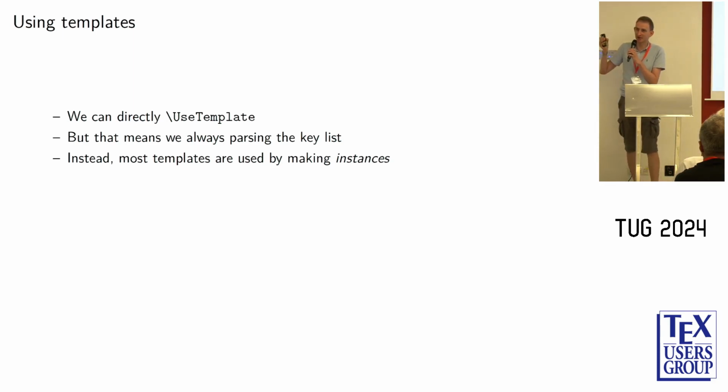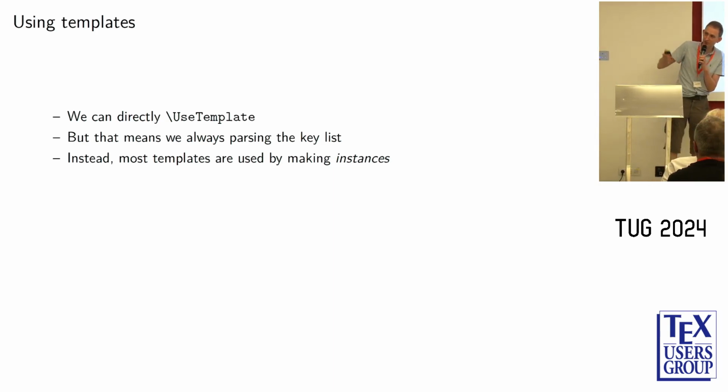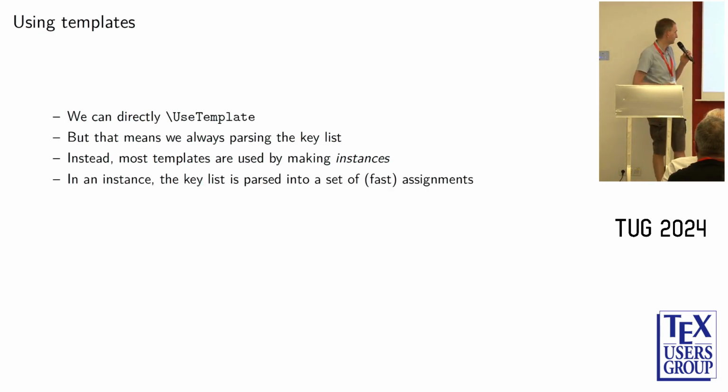So we make an instance that's like normal section, and it's going to have those values fixed. If those values are fixed, we read through the key-vals once, we turn all of that key-val information just into defs, basically def some internal variable, some value. And then when we use an instance, which we'll do in a second, we just very quickly apply those settings, apply that series of definitions without all of that key-val processing.